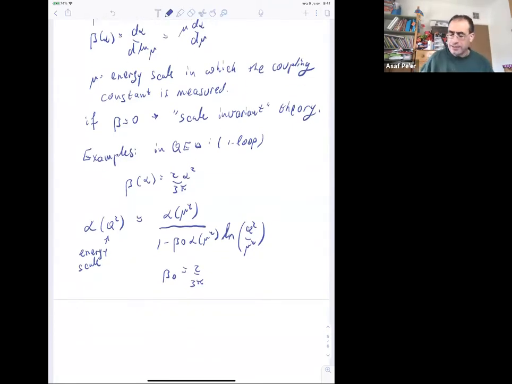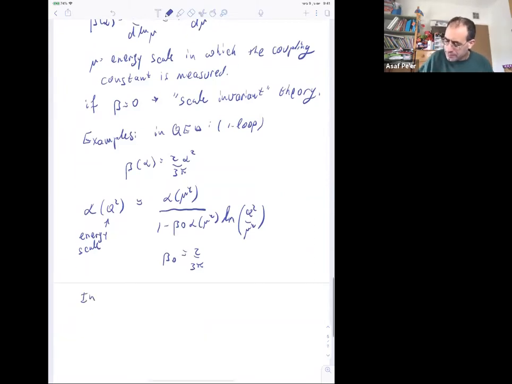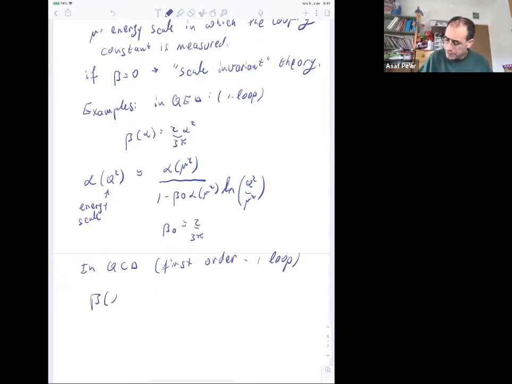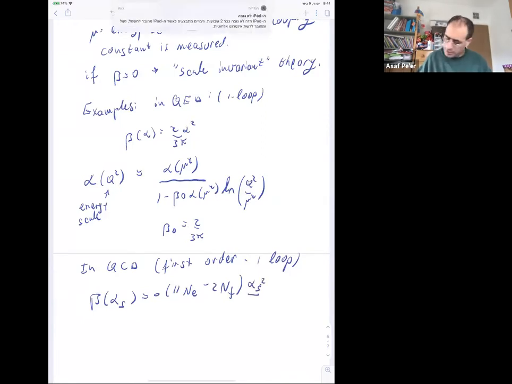In QCD, again, this is also only for first order perturbation theory, only one loop. That's a bit even more complicated. Then you get that beta of alpha strong is minus (11 NC minus 2 NF) alpha S squared divided by 12 pi.